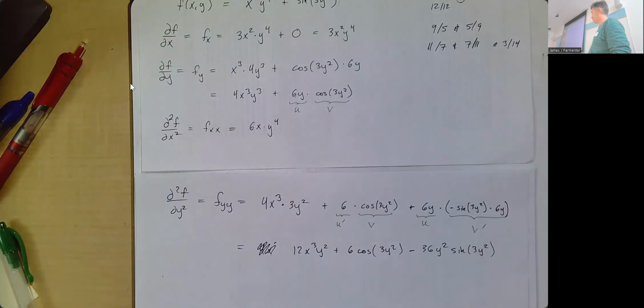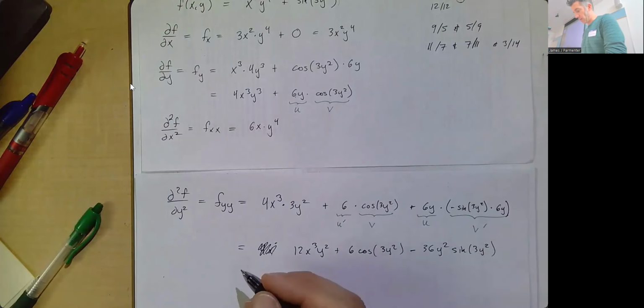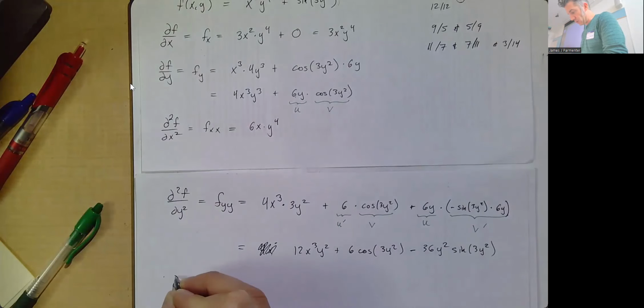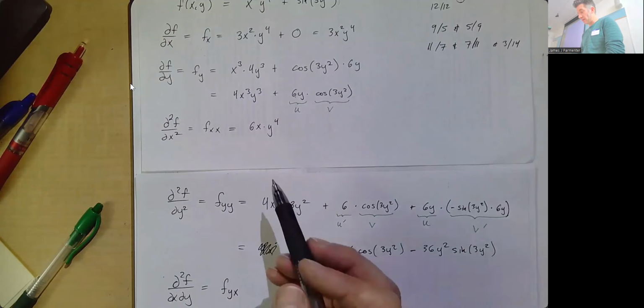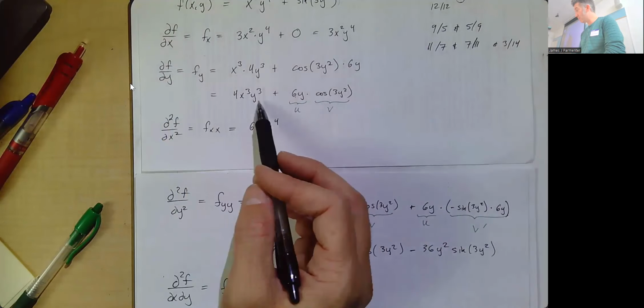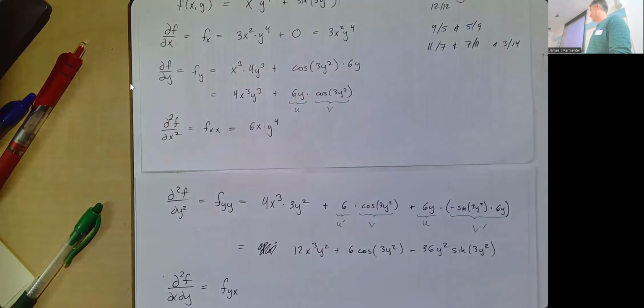Finally, let's find the mixed partial. So I'm going to find ∂²f/∂x∂y, which is f_yx, meaning we did the derivative with respect to y first, and now we're taking the derivative of that with respect to x. So I'm going to look at my derivative with respect to y, and take the derivative of that with respect to x.